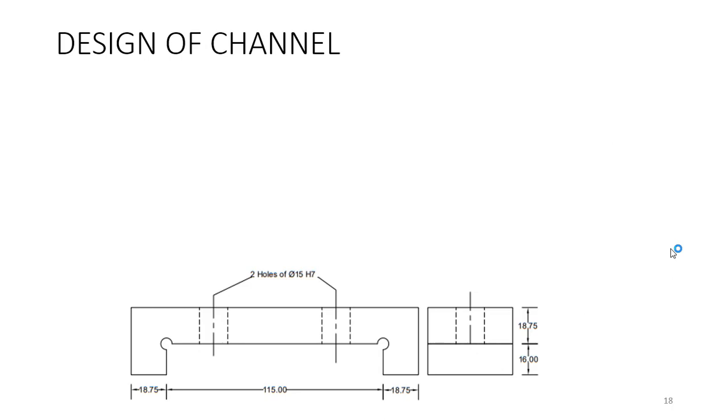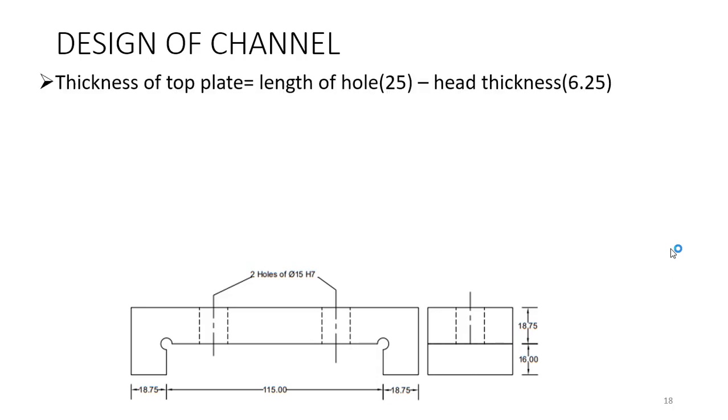Then we will go for design of channel. First we need to find thickness of this channel plate. Thickness of top plate will be length of bush minus head thickness. Length we have found from design of jig bush, that is 25 mm, and head thickness is 6.25.